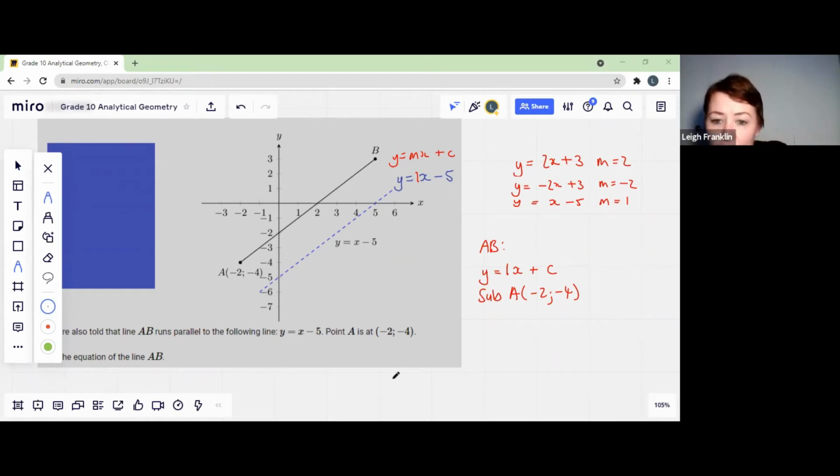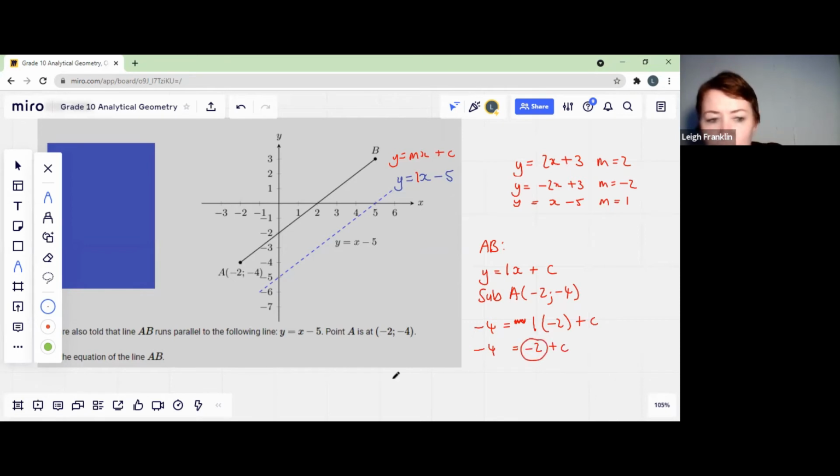So what we should have done, grade 10s, is in place of our y, we should have had minus 4. Oopsie, not a minus there, beg your pardon. So 1, and then in place of the x, we would have had minus 2. Okay, so that means that minus 4 is equal to minus 2 plus c.